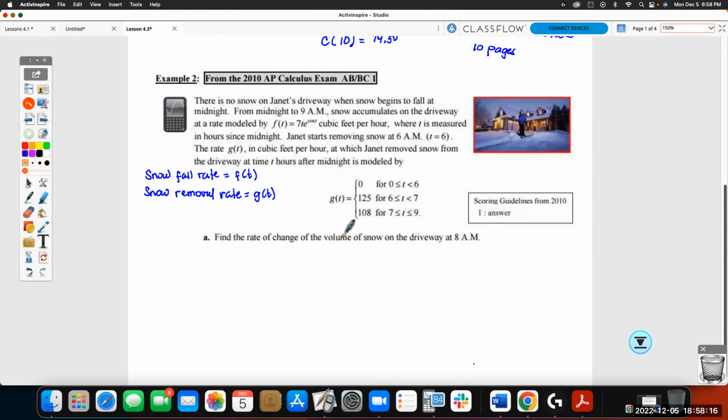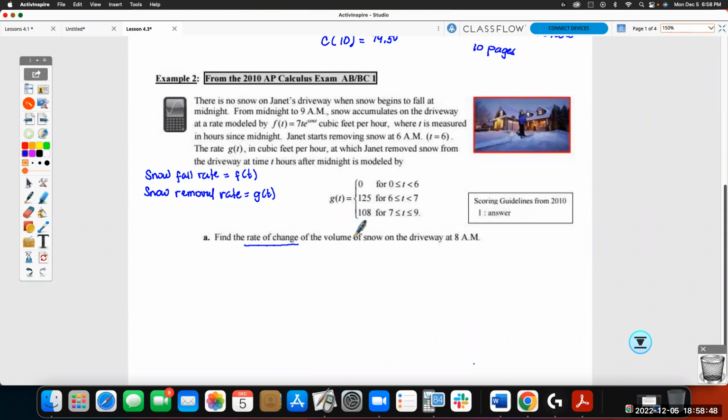Find the rate of change of the volume of snow at 8 a.m. So snow is falling at the rate of f of t, and then Janet is removing snow at the rate of g of t. So the volume of the snow is changing. Remember, the rate of change of the volume is in cubic feet per hour.